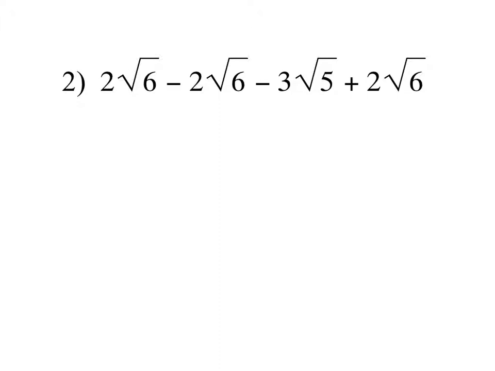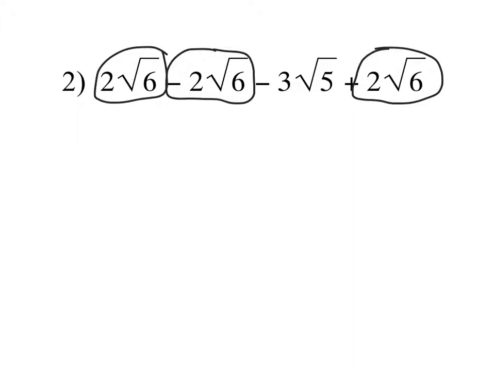I know these numbers are all the same underneath and their indexes are the same. So these guys right here are all like terms, so I can add or subtract them. Well, 2 square root of 6 minus 2 square root of 6 is 0, plus 2 square root of 6 is 2 square root of 6. And then I bring down the 3 square root of 5.